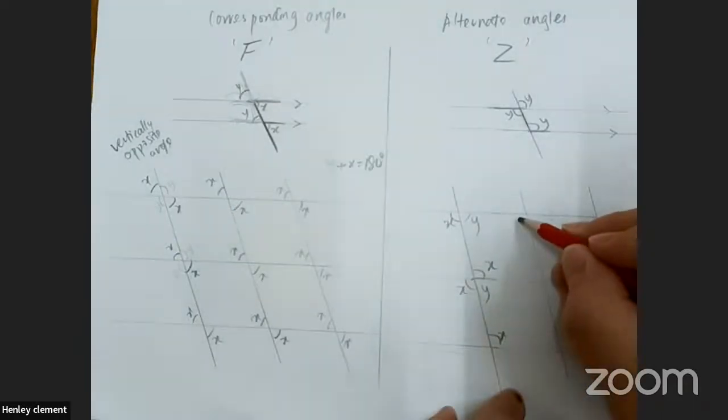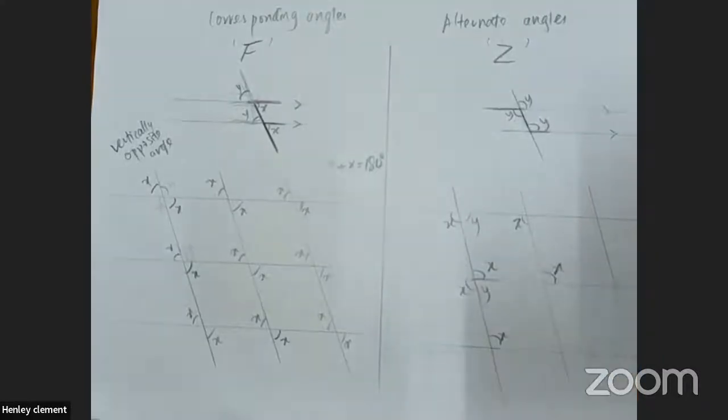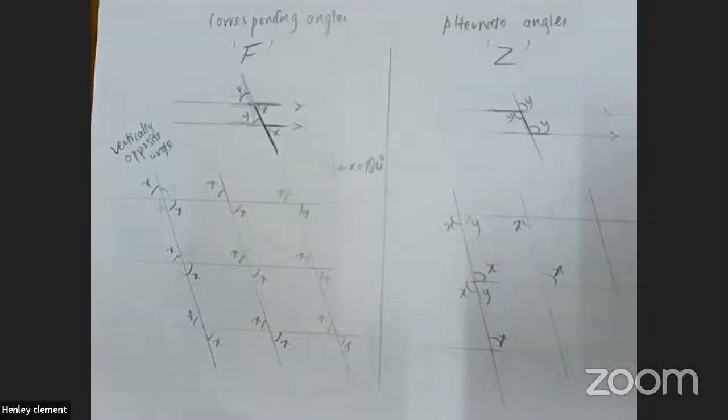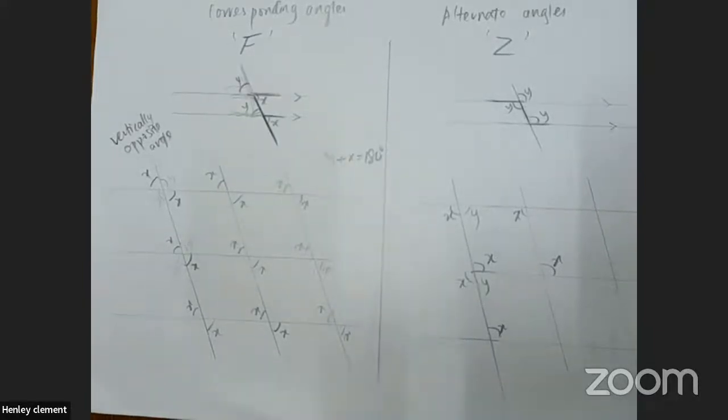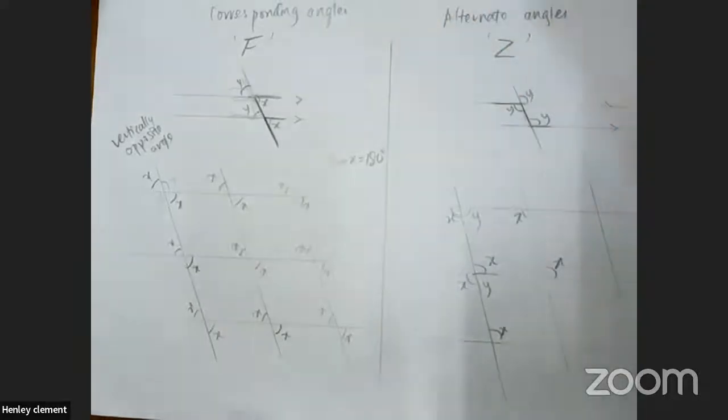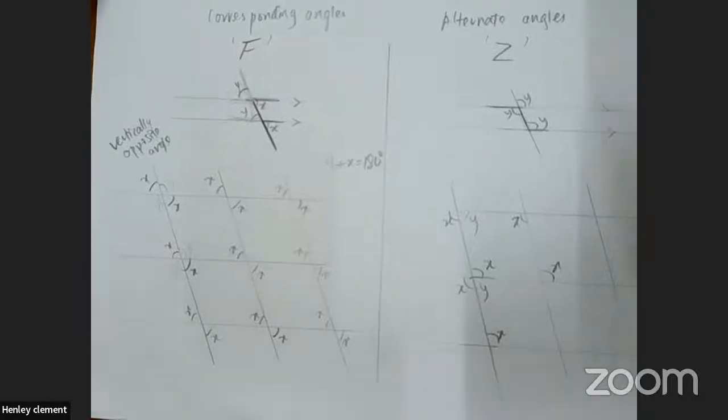If this is X, again this is Z, and then this is X. So everything is the same. Just need to differentiate the names of these two. One is called the corresponding angle. The other one is called the alternate angle. And meantime, you need to use the vertically opposite angle to find the answer. Okay.